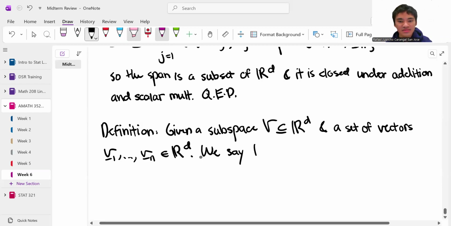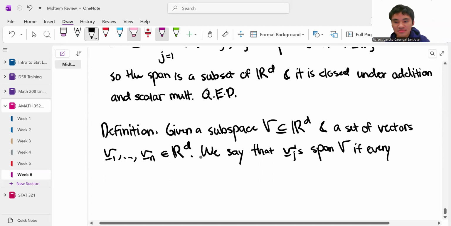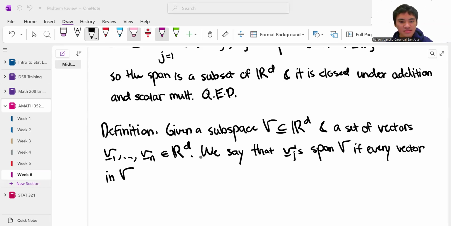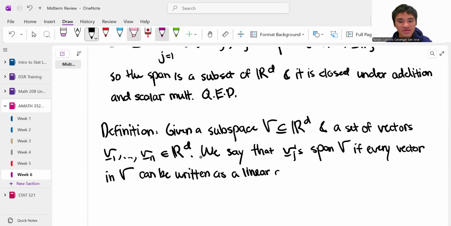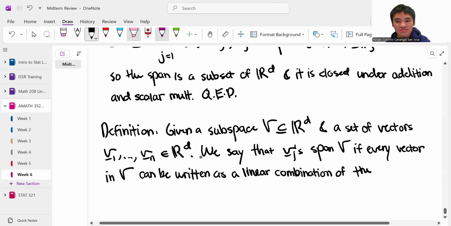So here we say that all of these, the v_j's, span subspace V if every vector in V can be written as a linear combination of the v_j's.